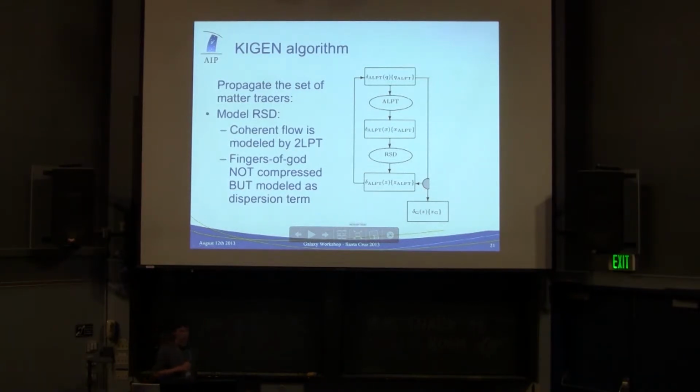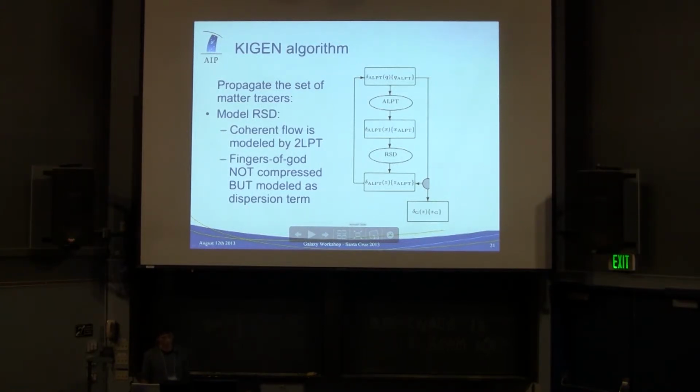Now, since we do this in a forward way, we thought, well, we can as well solve the redshift space distortions in a forward way. So for the coherent motions, we use the velocity field of the 2LPT. And for the small scale motions, we did some tests. First, we tried to compress the fingers of God in the data itself.